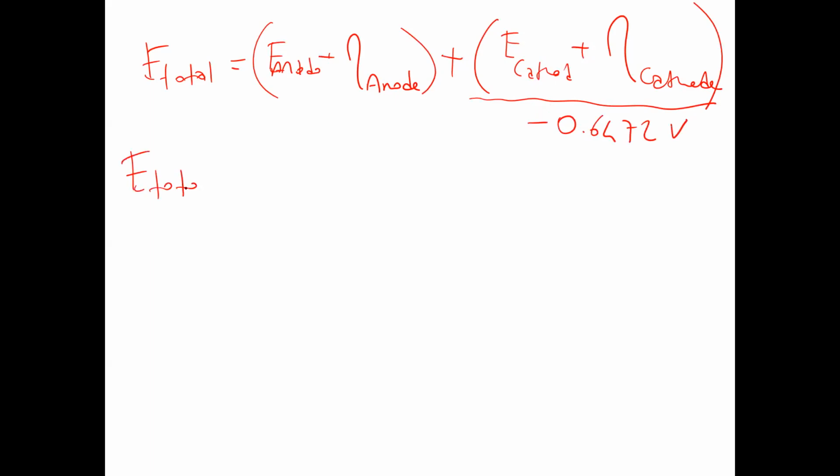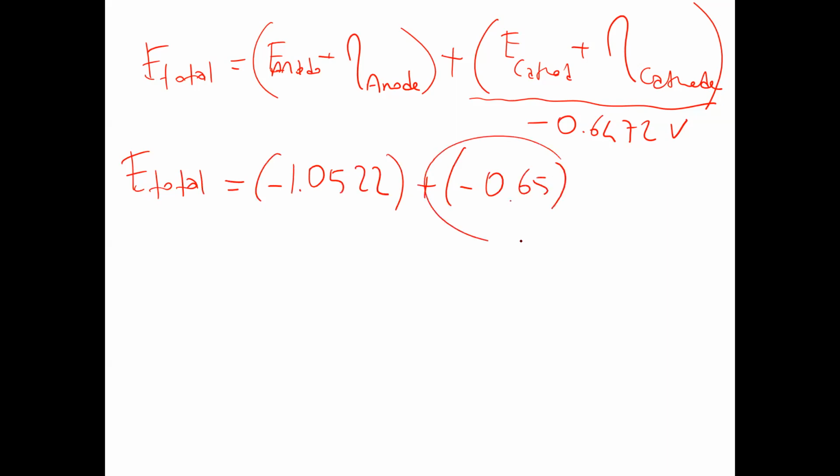E total is equal to minus 1.052 volt plus minus 0.64 volt, this is due to platinum, and plus minus 0.6472 volt.